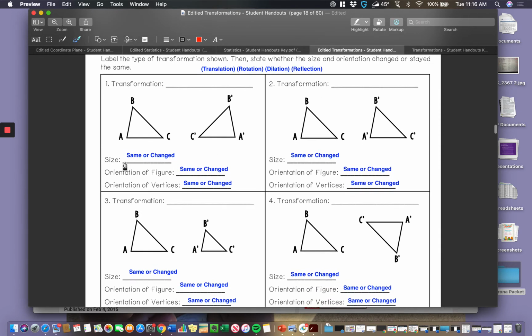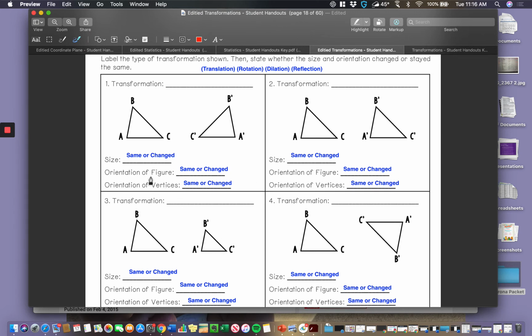So when they ask the size, you're going to write whether it's the same or it changed, right? So it's pretty easy to see if the sizes are the same or if it changed. So I would say, which one is different than the rest? This one looks a little different. So I believe that this one is going to have a different answer than the other 3.